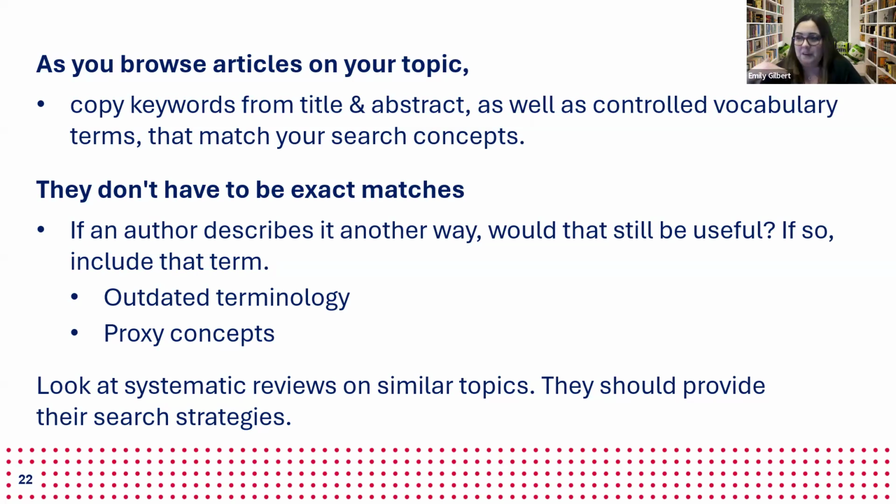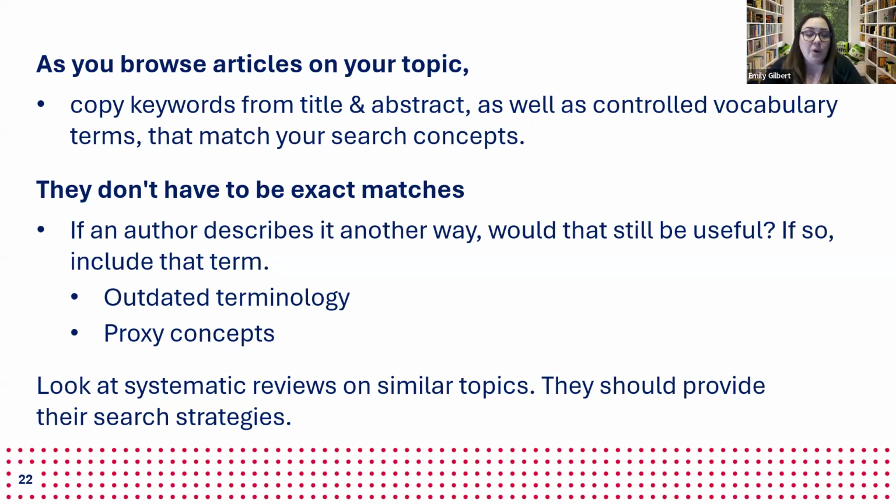Or like it says in the second part, it might be outdated terminology or proxy concepts. They don't have to be exactly the same thing, as long as they fit within the same concept. If you think about an article where hypothetically the author uses that to describe it, would that still be useful to you? If so, then it goes in your concept.